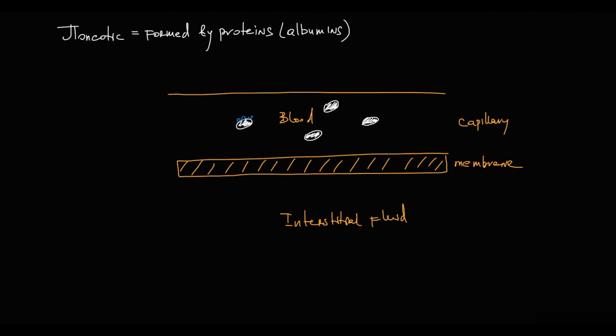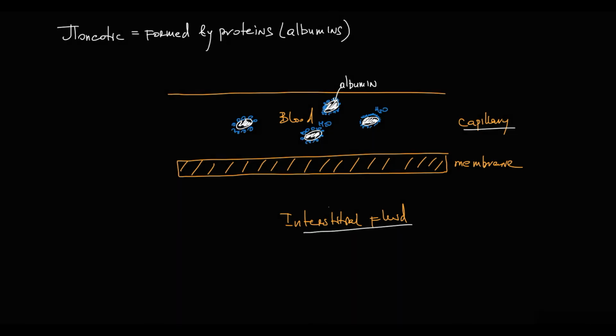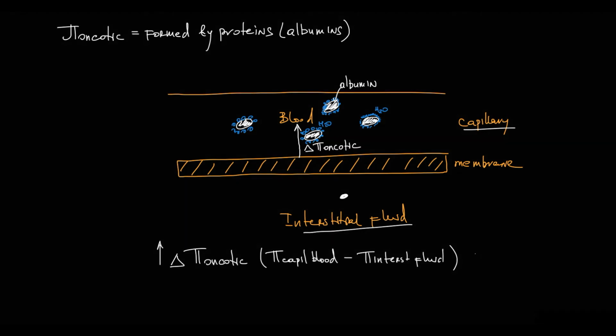Literally, they keep fluid around them in the intracapillary space and don't let fluid leave it. Because the concentration of proteins, particularly albumin, is higher in capillary blood than in interstitial space, the oncotic pressure difference becomes the opposite force to the hydrostatic pressure difference. So the higher the oncotic pressure difference between capillary blood and interstitial fluid, the lower the filtration rate.